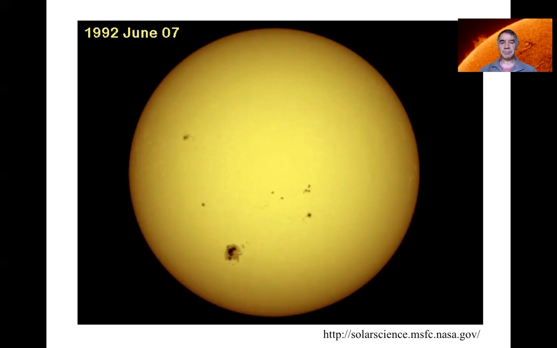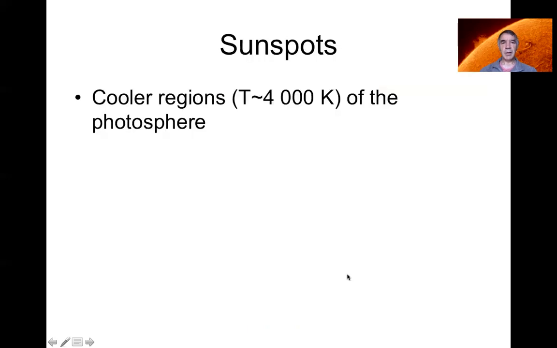Okay, so that's what a sunspot looks like. You can see there's a dark region in the middle, which is called the umbra, and then a grey region around the outside, which is called the penumbra. So why do they appear dark? Sunspots appear dark because they're basically cooler than their surroundings.